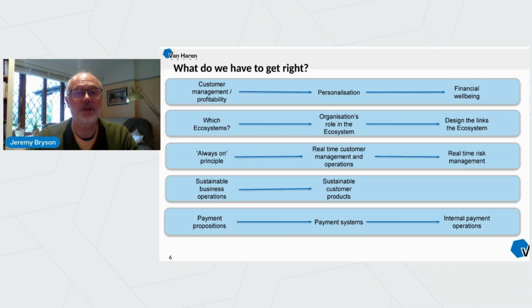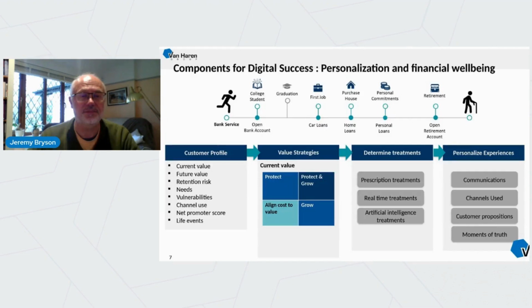We have to know that we are running an always-on business, which is really important because we're changing the nature of the bank from a batch business to a real-time business. We have to look at sustainability. That's a key initiative at the moment. And because payments is such an important part of the cost base and the revenues that I showed you earlier on, we have to make sure that payments are really slick and effective. Let's look at each of these in turn.